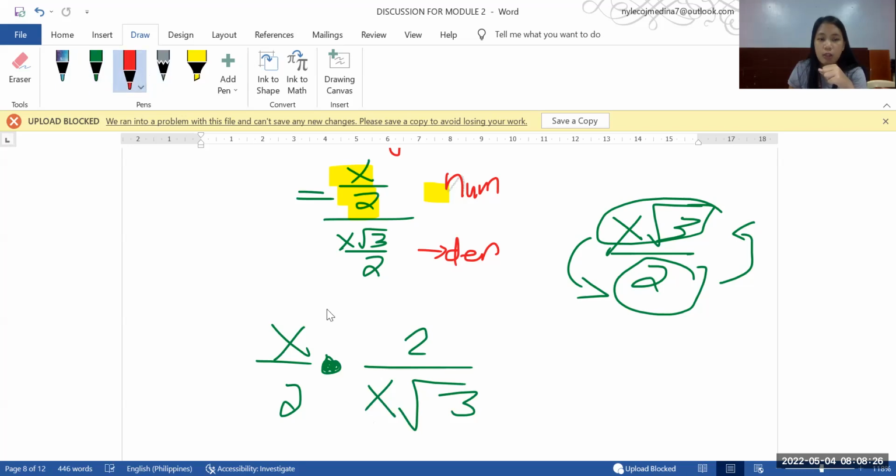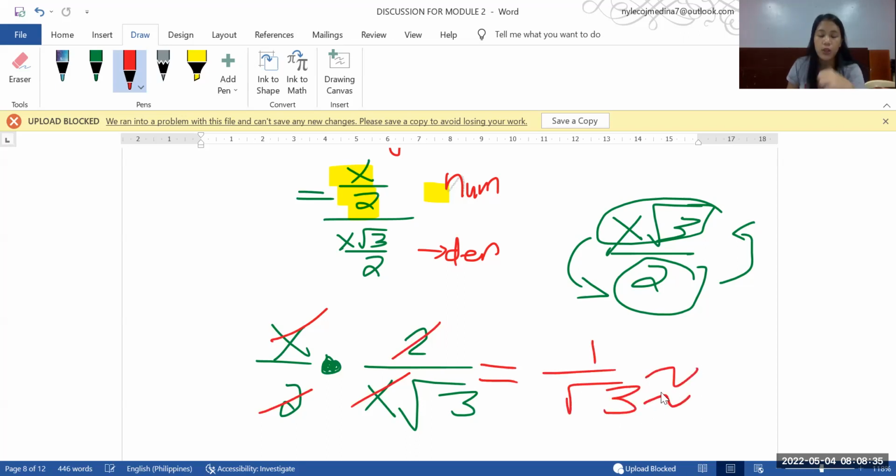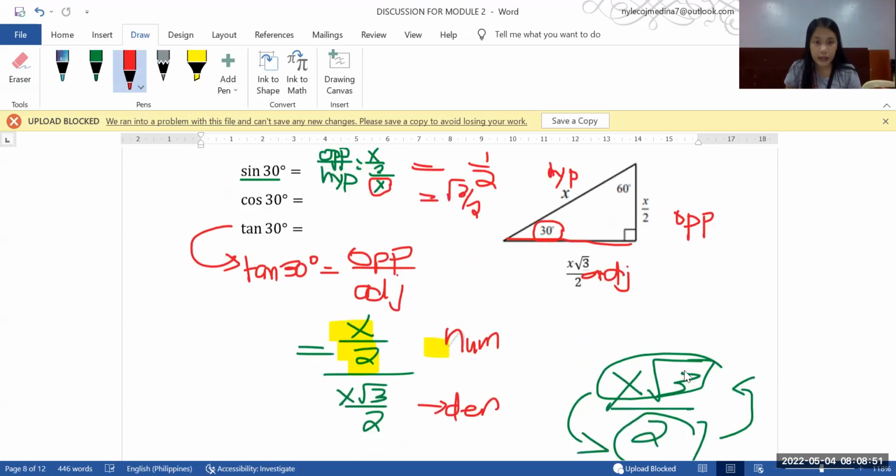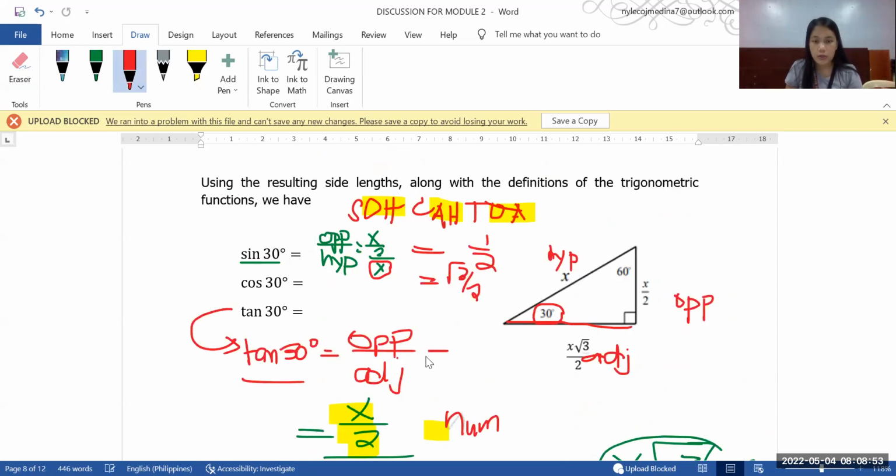Then we cancel, and what remains is 1 over square root of 3. The value is 0.58. So tan 30 equals 1 over square root of 3, or 0.58.